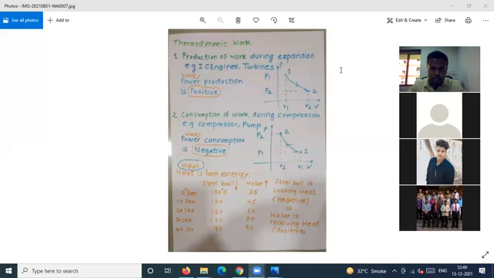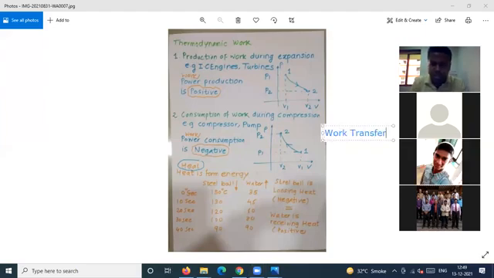Is that okay? I'll write it down again. Work transfer indicates that work is produced or work is consumed. Now if I say that work transfer is 30 kilojoule, what do you understand?